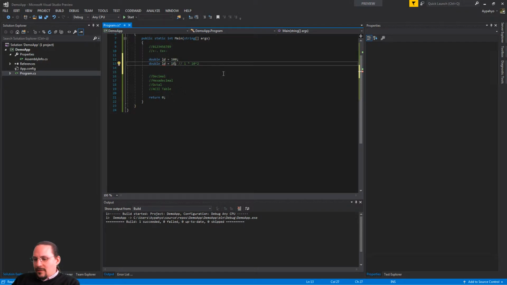Exponent plus 2. That's 100 right there. And you cannot write 2.2 as an exponent. That makes no sense. It's not accepted. You don't get to do that. You can do that in math. This isn't math.